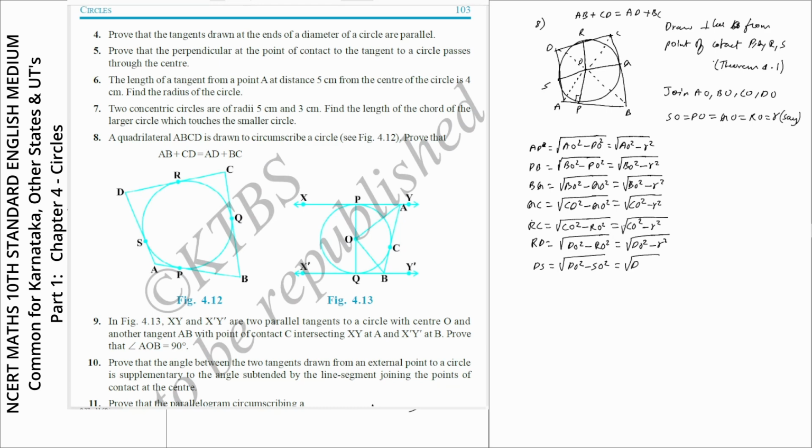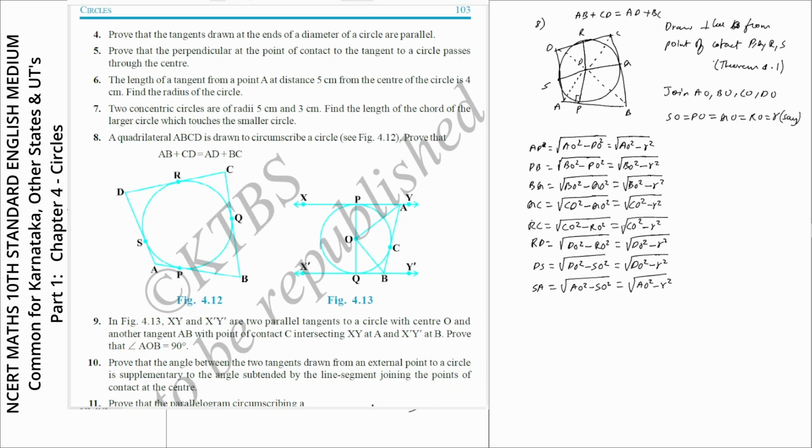So this is equal to square root of DO square minus R square, the radius. And now finally SA is equal to square root of AO square minus SO square. So AO square minus R square.